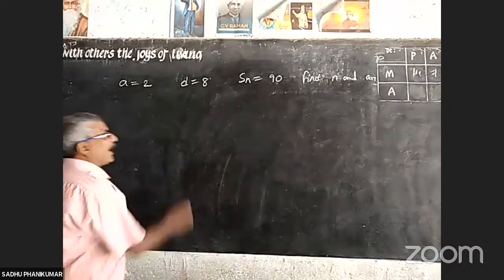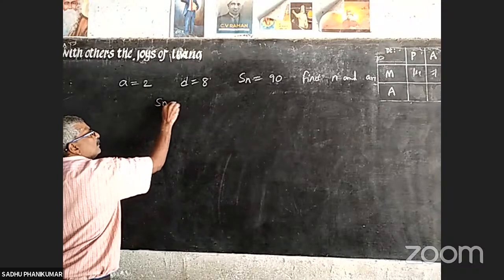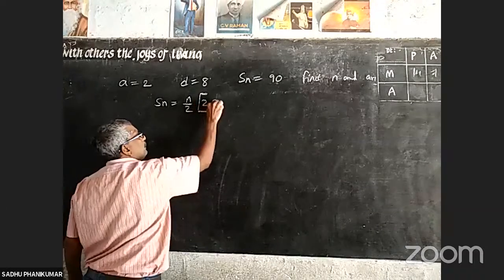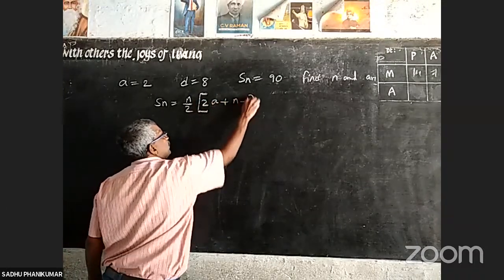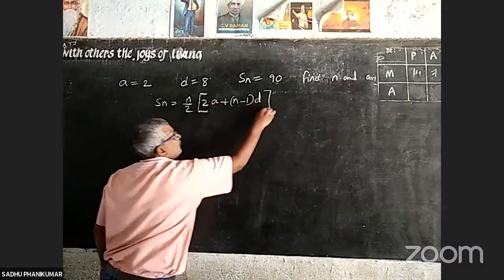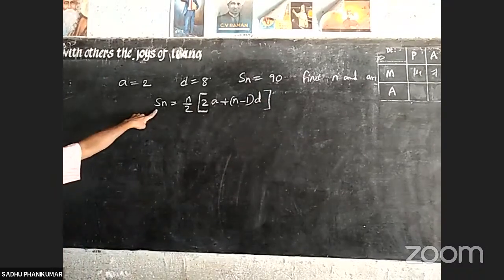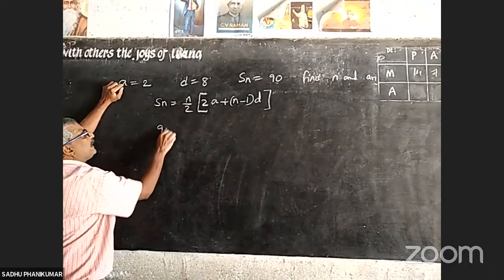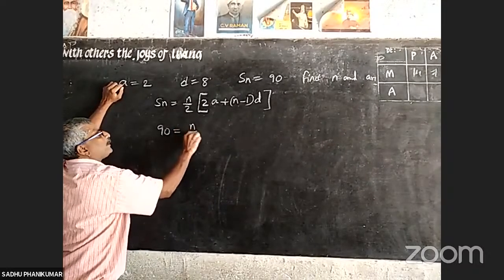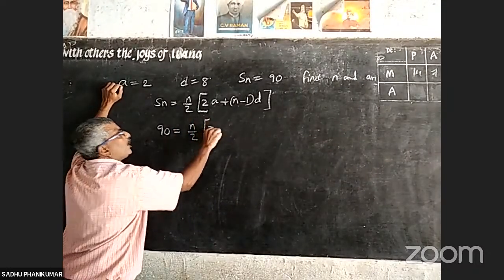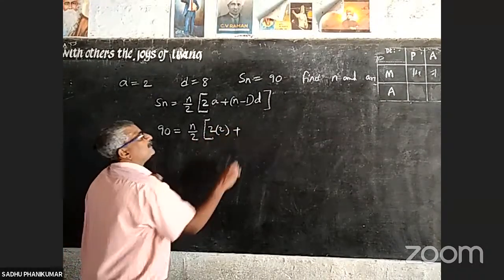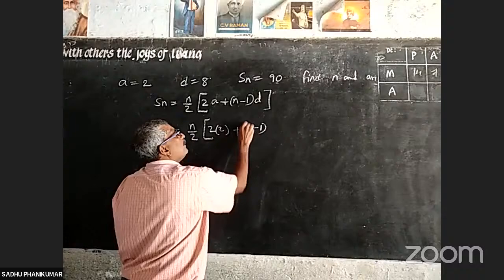Okay. So Sn is equal to n by 2 into 2a plus n minus 1 into d. Sn is with us, d is with us. So substitute: 90 is equal to n by 2 into 2 into the value of a, 2, plus n minus 1 into d.